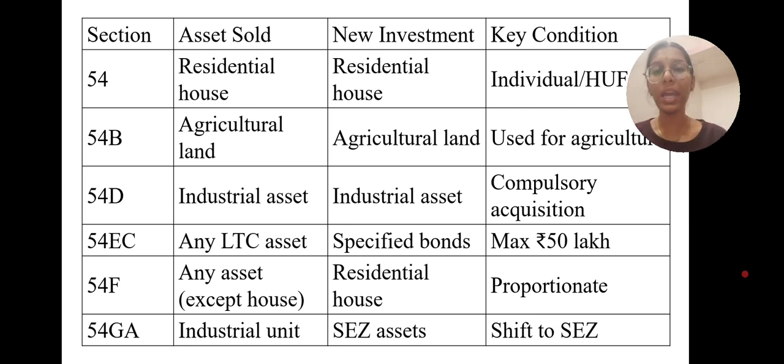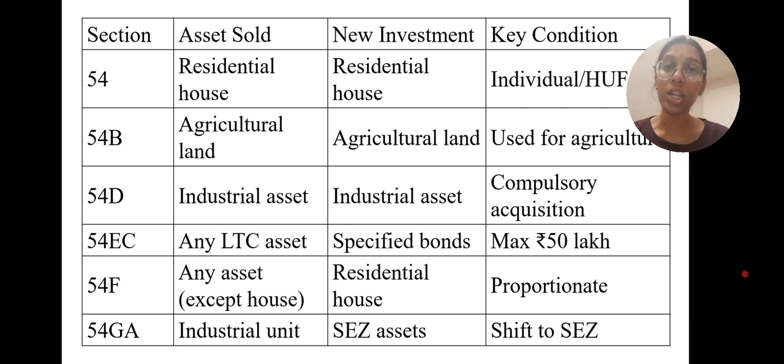Section 54B is applicable for agriculture land only. From that capital gain you have to invest in another agriculture land, and the key condition is that the land must be used for agriculture purpose. Under section 54D, it is applicable for industrial assets, and from the capital gain amount you have to purchase or invest in another industrial asset only.